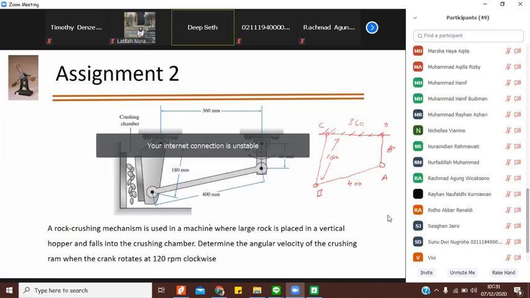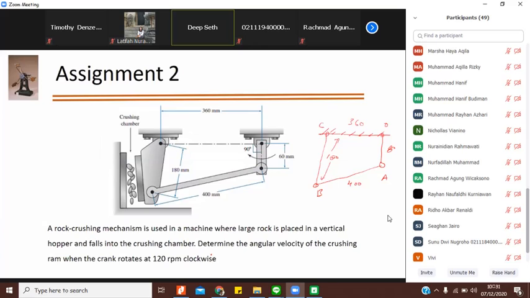You just have to write the equation in terms of the B and A. Means you already know the position of B in terms of the vector, so that you can write because you know these link lengths, right?